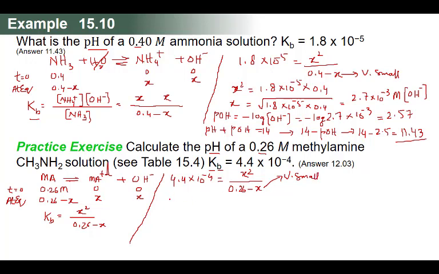So this equation will become like this: x square is equal to 4.4 into 10 raised to the power minus 4 multiplied by 0.26. If you remove the square from the x, it will be under root, the same value, 4.4 into 10 raised to the power minus 4 multiplied by 0.26.